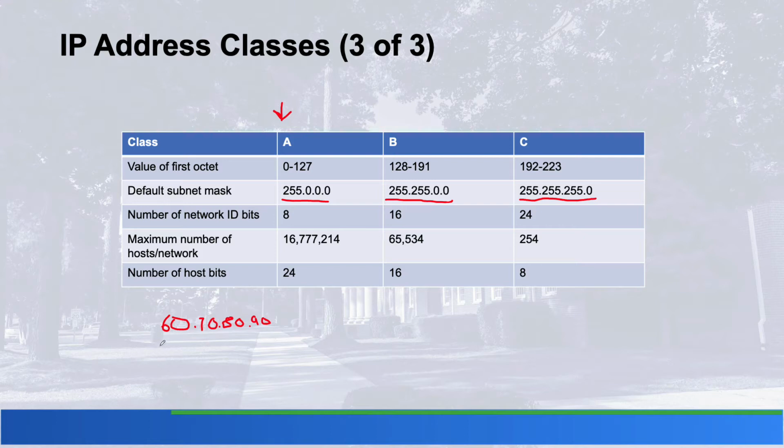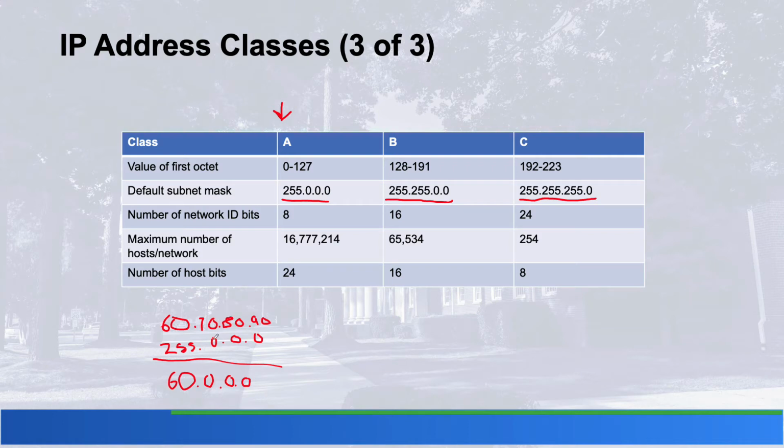Its net mask is 255.0.0.0, because all Class A addresses, when we're using classful IP addressing, use 255.0.0.0. We're going to AND those together, and the network address for this particular IP address is going to be 60.0.0.0.